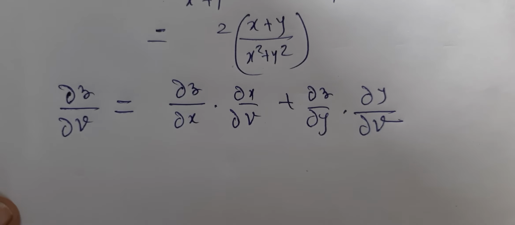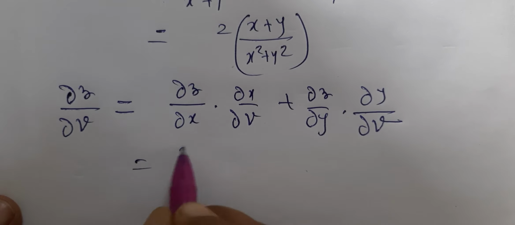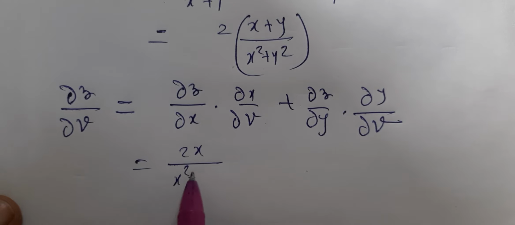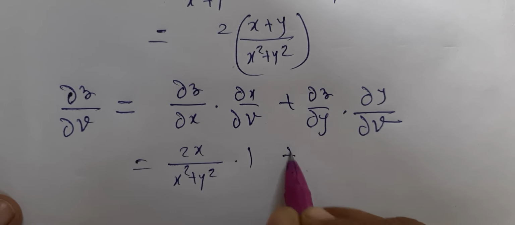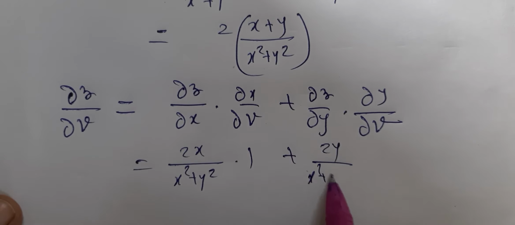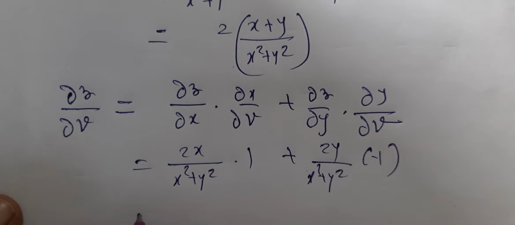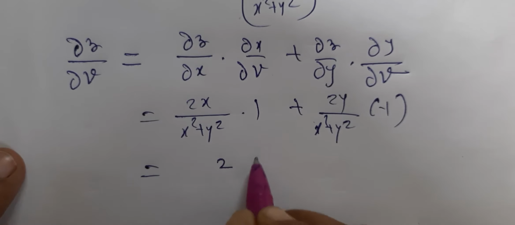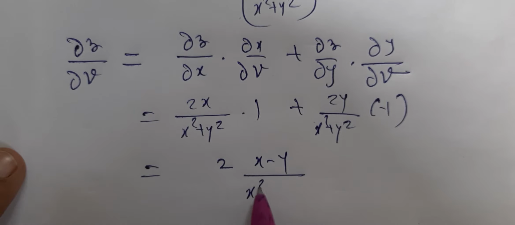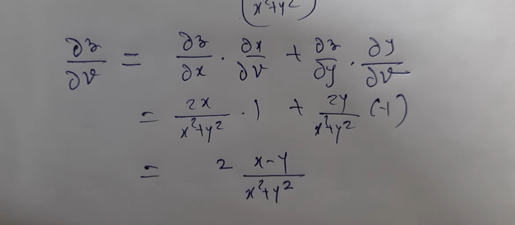So in a similar way what we get is 2x upon x square plus y square into 1 plus 2y upon x square plus y square into minus 1, and this is 2 into x minus y upon x square plus y square.